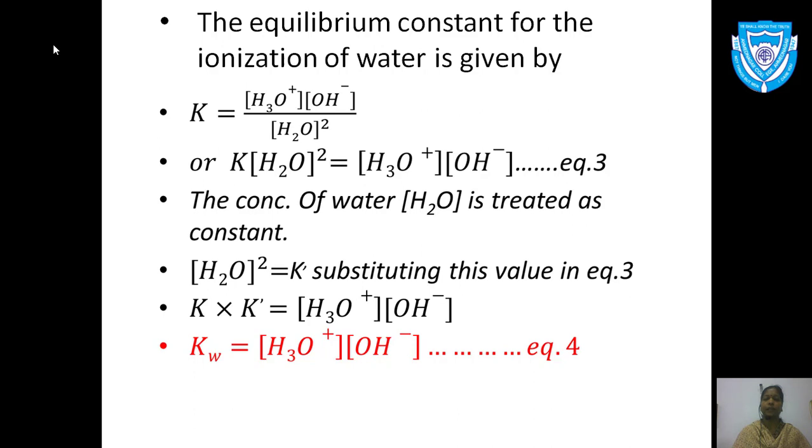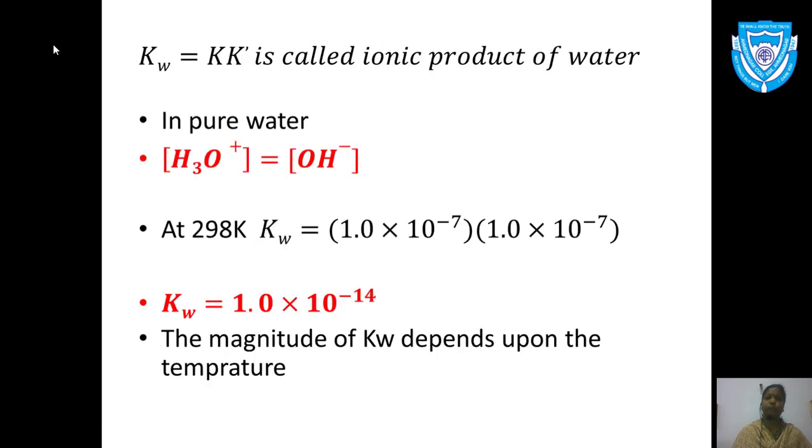Hence, in the last equation, number 4, K into K dash is replaced by a new constant, Kw, which is equal to the concentration of H3O plus into the concentration of OH minus ion. This Kw is termed the ionic product of water.